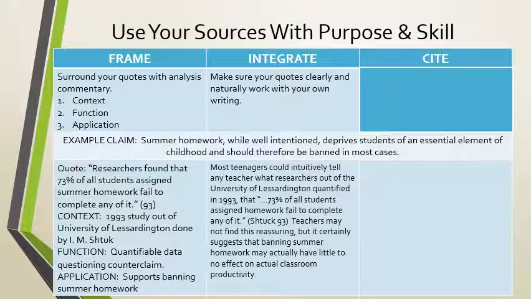So what I've done here is I've taken the quote, you can see it, I've pared it down to the essential element that I really wanted. I've provided the context, you can see as part of my writing. You can also see the function where I talk about this being quantifiable. Where did I say that? Now I've lost it.